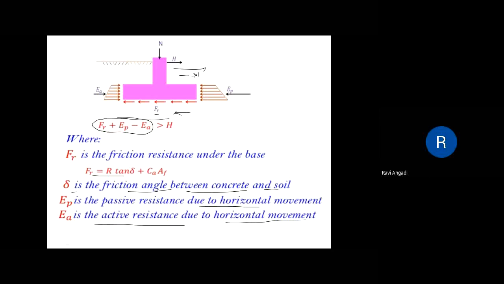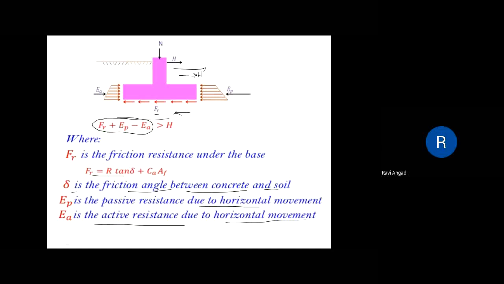Means if these are greater than the force acting here, then it will be safe against sliding. So that is also to be taken into account while designing the foundations.